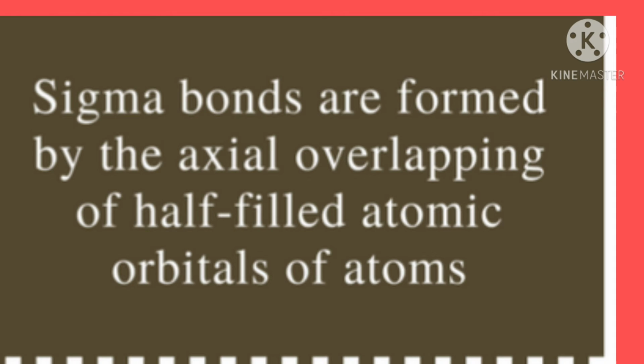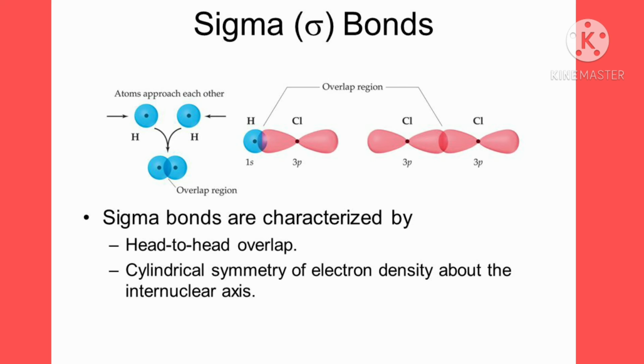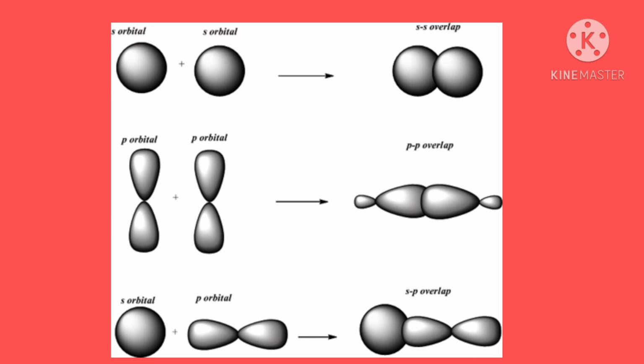It is denoted by the Greek letter sigma. So, when the overlapping occurs in a straight manner or end to end, this overlapping is known as a sigma bond. ss overlapping, pp overlapping, and sp overlapping are treated as sigma bonds.